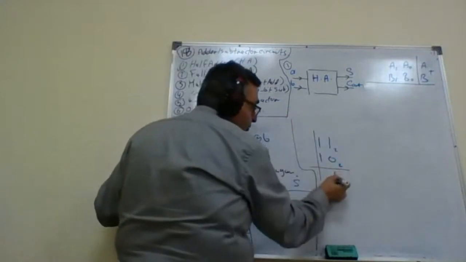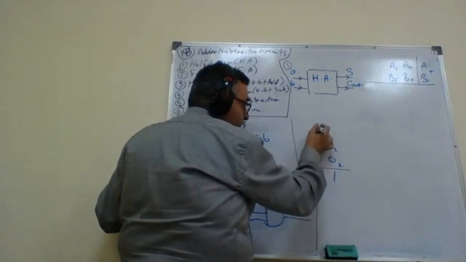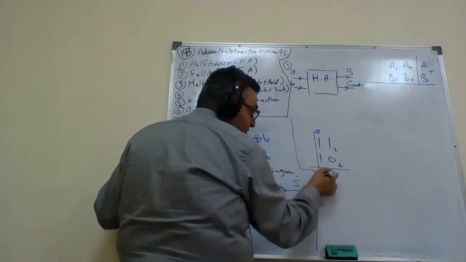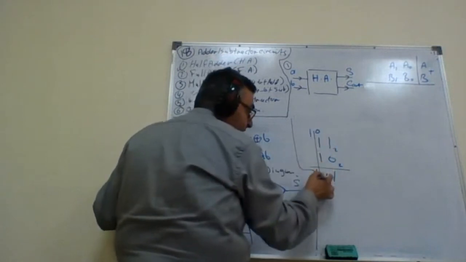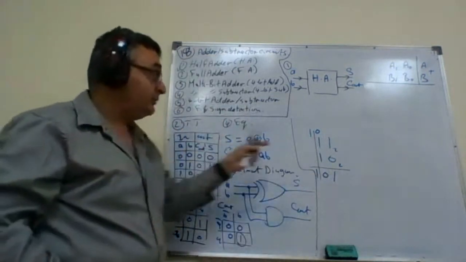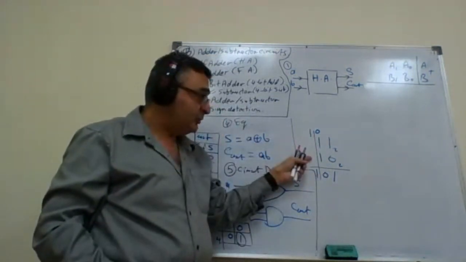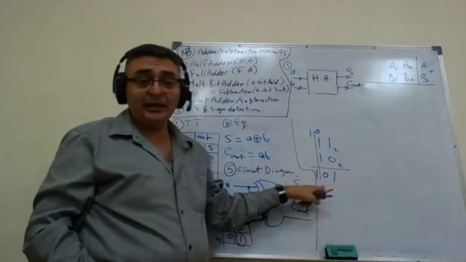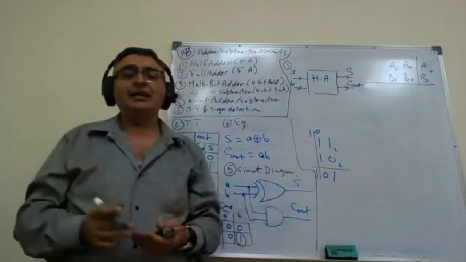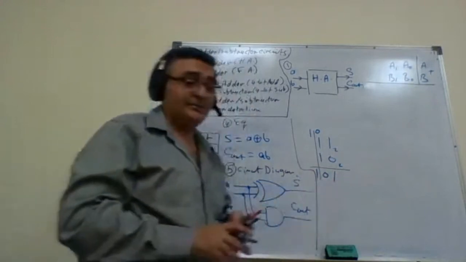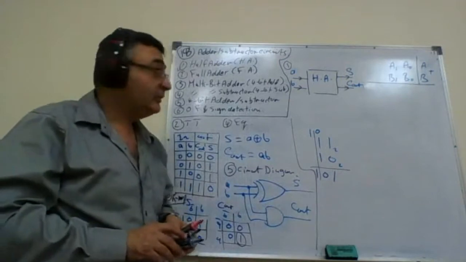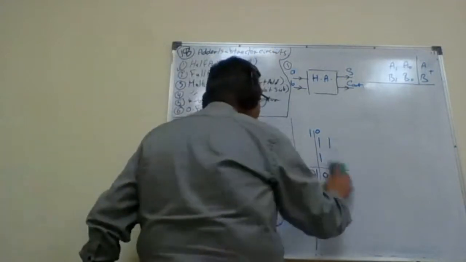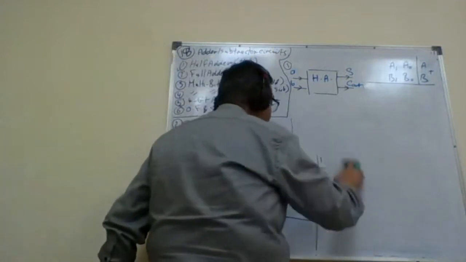So adding 1 to 0 is 1, and there is no carry out. 1 plus 1 is 0, and I have a carry out of 1. So that means when I'm adding 2 bits to 2 bits, the maximum I can get is exactly correct, 3 bits.